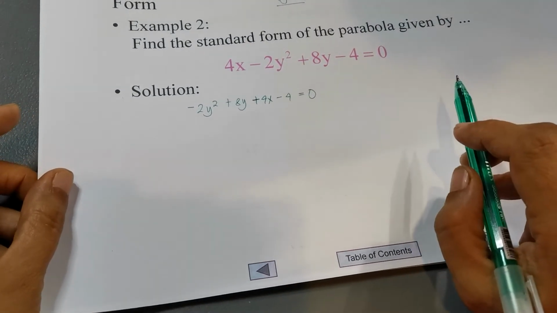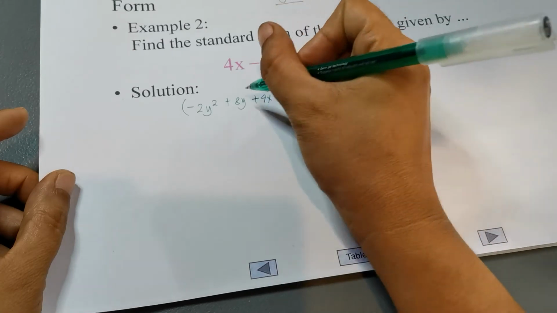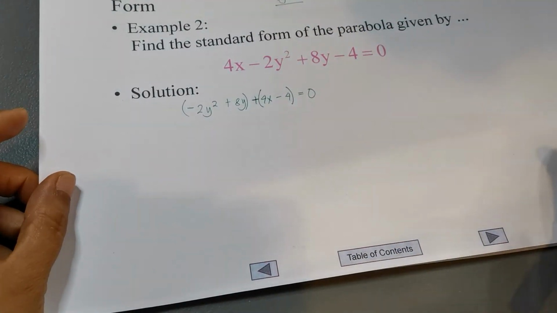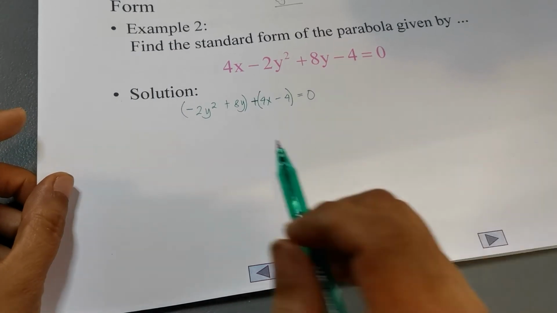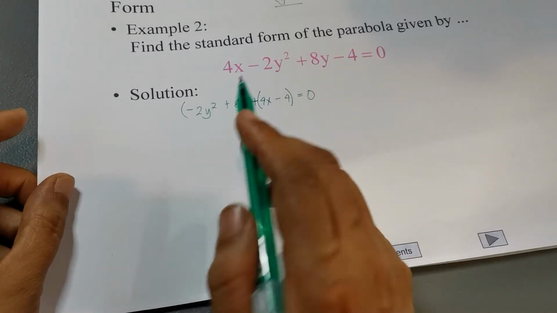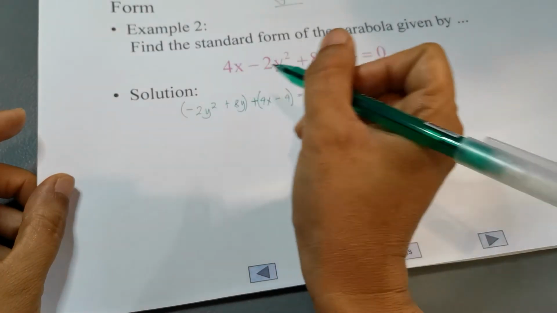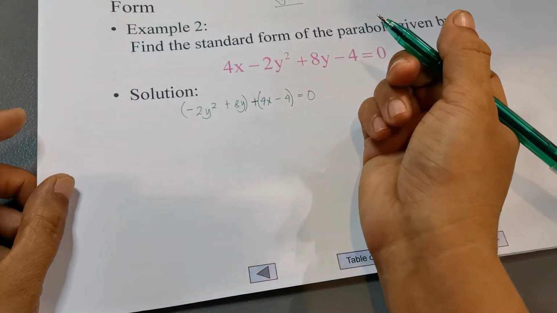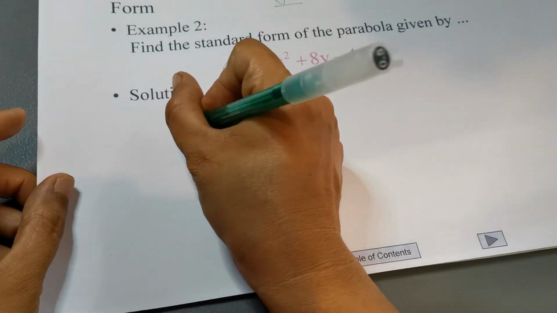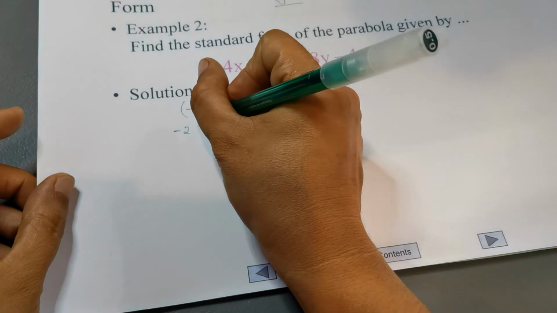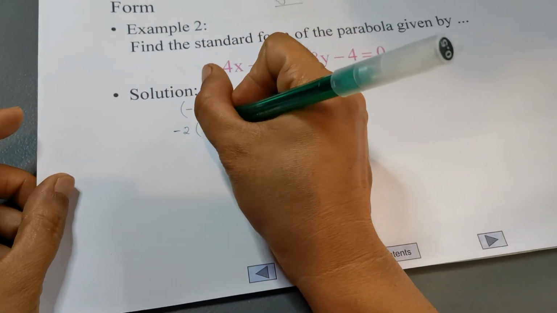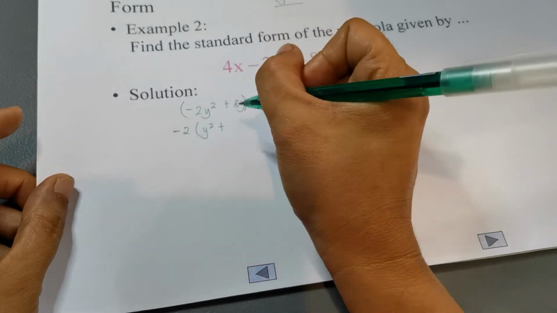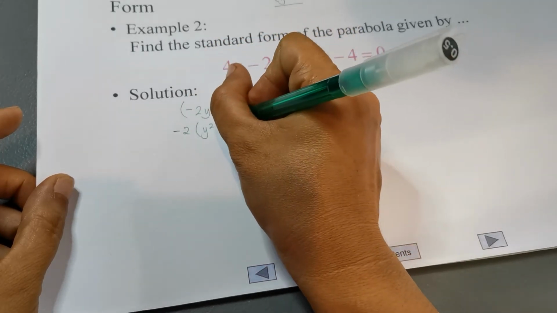The next thing is to enclose each type of variable with parentheses and factor out the GCF. In here, the GCF is negative 2. So we factor out negative 2 times y squared, and 8 divided by negative 2 is negative 4.